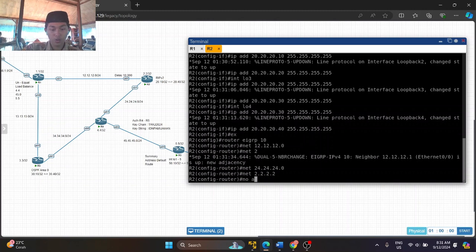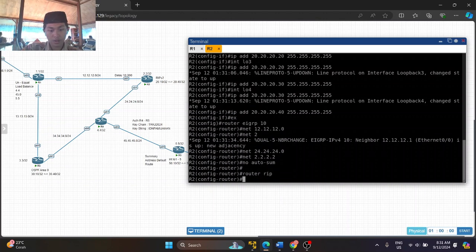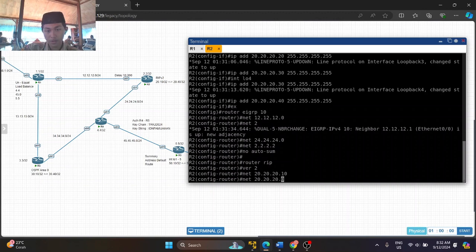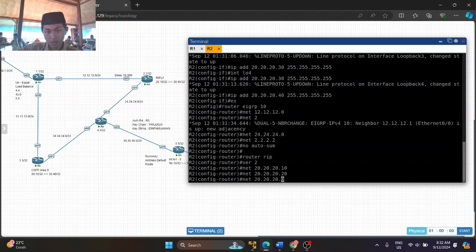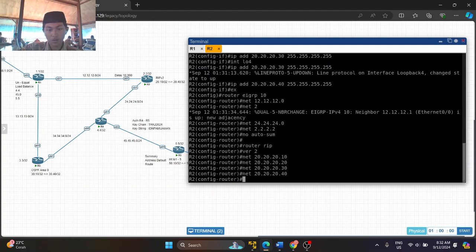Okay, no auto-summary. Let's configure router RIP, version 2, network 20.10, no auto-summary.